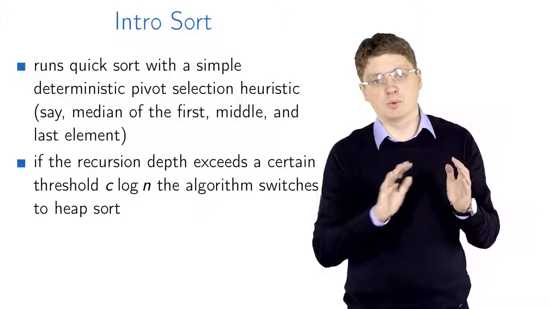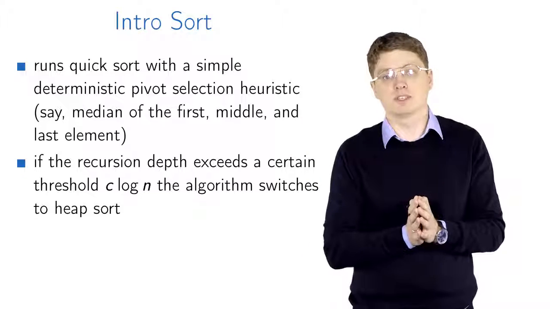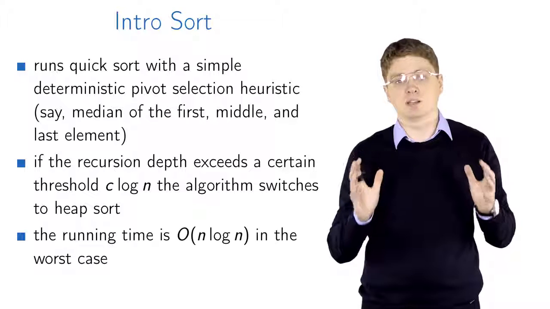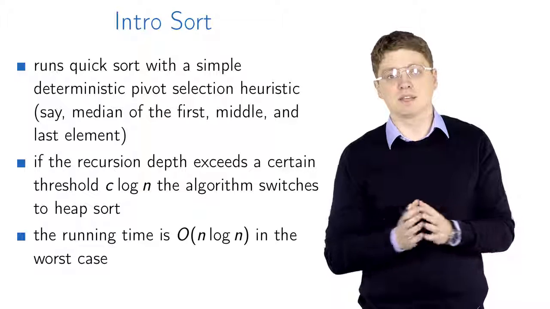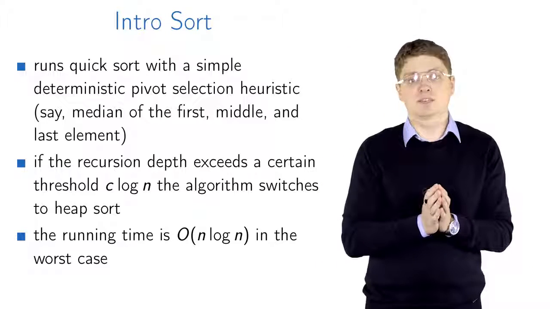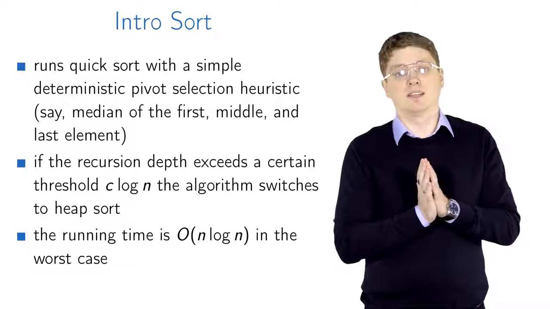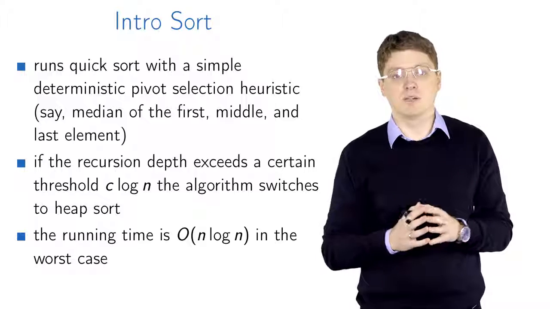And after this, we stop this algorithm immediately and we run the heap sort algorithm. So overall, we spend time n log n. So this gives us an algorithm which in many cases performs like the quicksort algorithm, and in any case, in the worst case, its running time is bounded above by n log n.